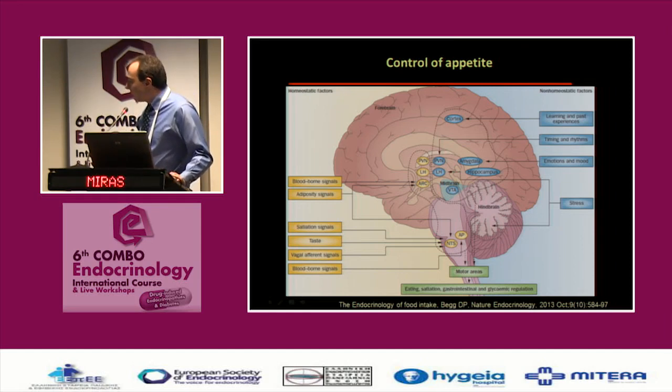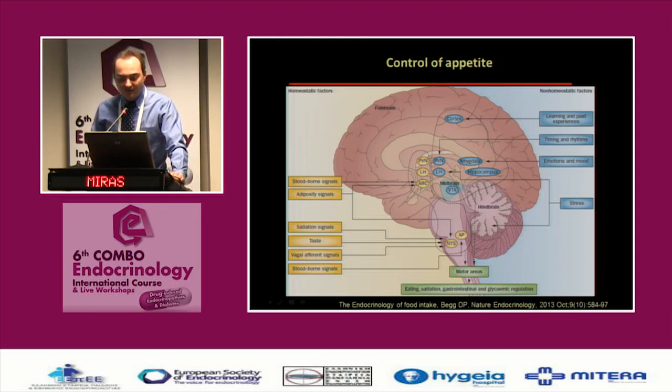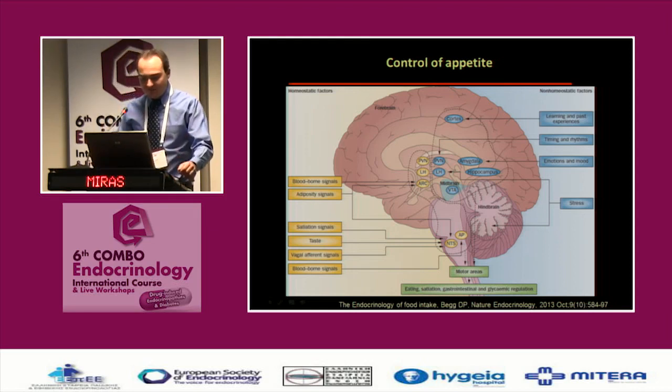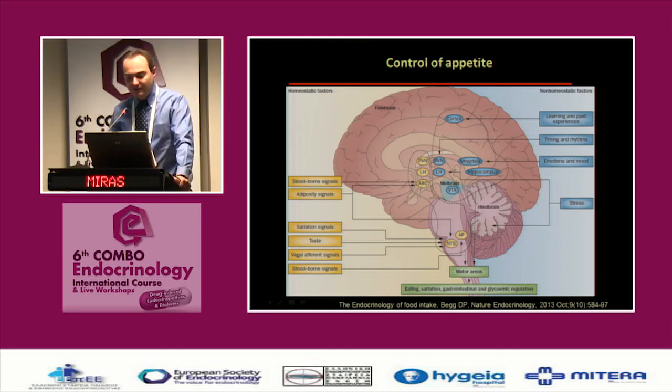Apart from this system, which is probably the most important in terms of body weight regulation, we've got this area of the brain which responds to other cues independent of hunger and fullness sometimes, and these are the rewarding values of food, for example, stress, which is a very potent promoter of food intake, emotions, mood, and so on.